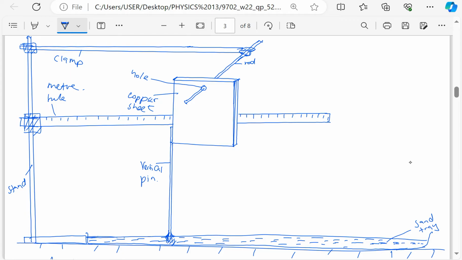What is missing is the magnet. So I'm going to put poles of a magnet. I'll put one pole on the other side. Let's say it is the north pole.